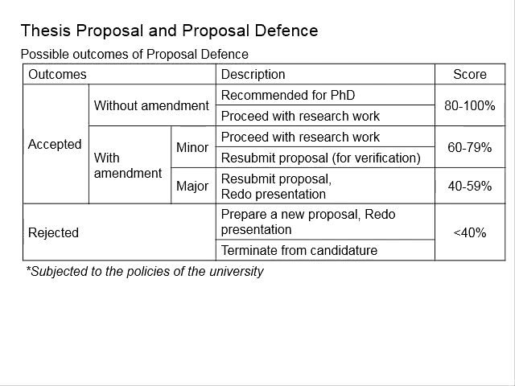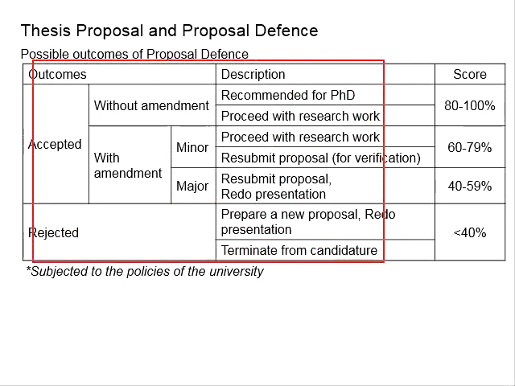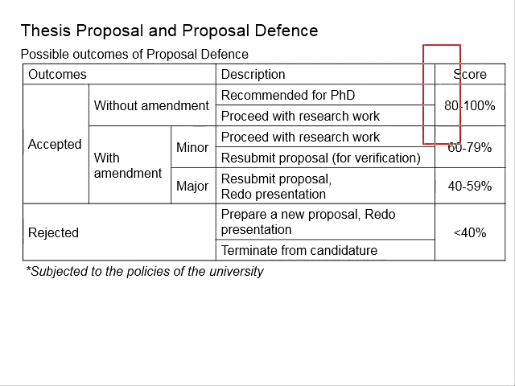If minor amendments are involved, you either proceed with the research work or you need to resubmit the proposal for verification purposes. Normally, this kind of outcome is determined based on the score acquired from the assessment of the examiners. This is subject to the different policies of the university.